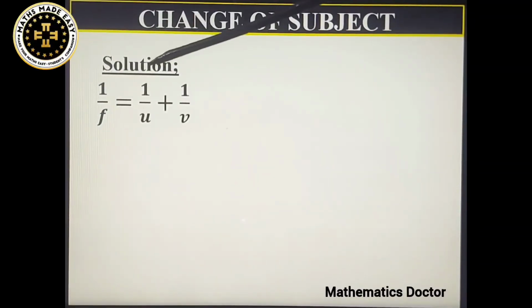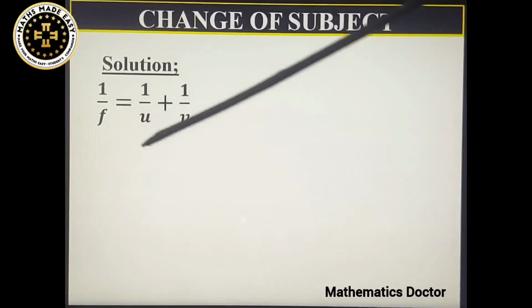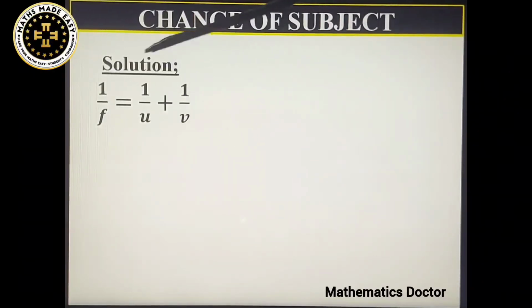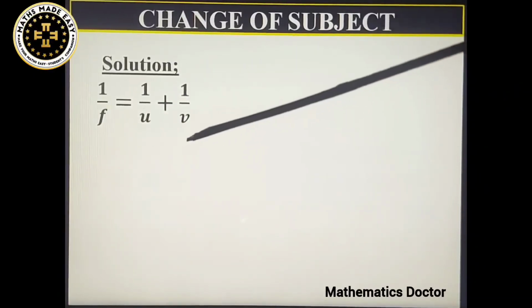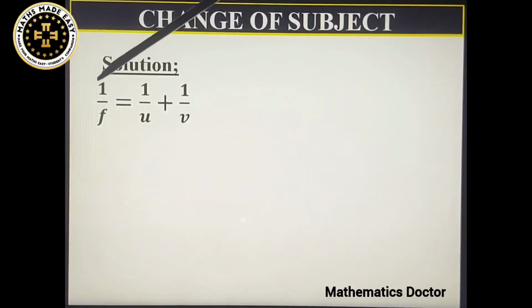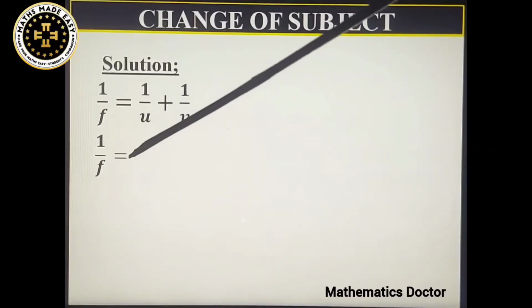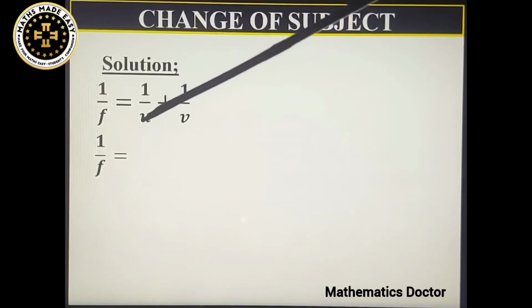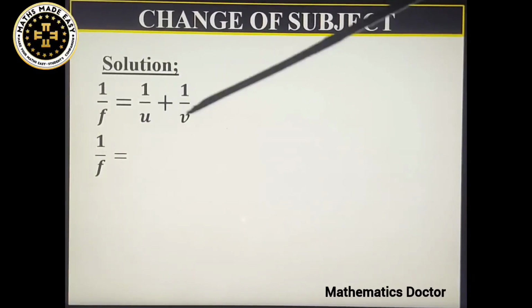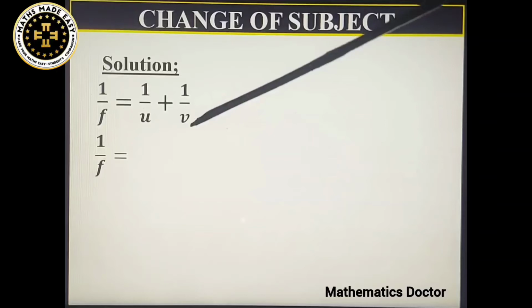Now, if you want to convert the fractions at the right hand side into a single fraction, we would have to use the LCM method. First of all, let's repeat the fraction at the left hand side. That is 1 over f. Then we bring the equal sign. Now, the denominators of the fractions at the right hand side are u and v respectively.